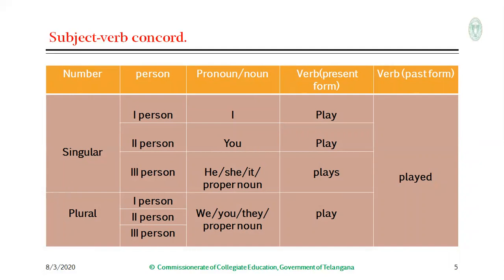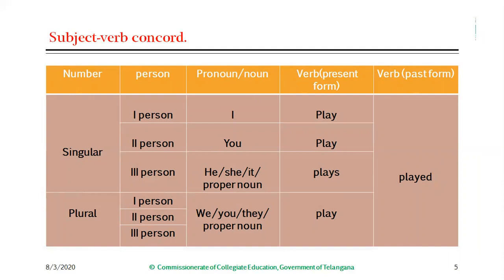I read books. I invite friends. I like music, like that. If you take its past form, I played cricket. I liked music. I invited the guests. I paid my examination fee.